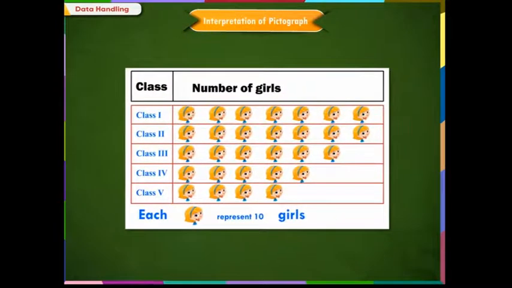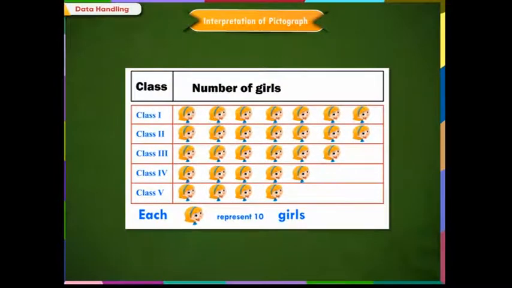Let us understand pictograph by interpreting the data they represent. Look at this pictograph. This shows the number of girls present in 5 different classes in a school. Look carefully. Each picture represents 10 girls, instead of just 1.